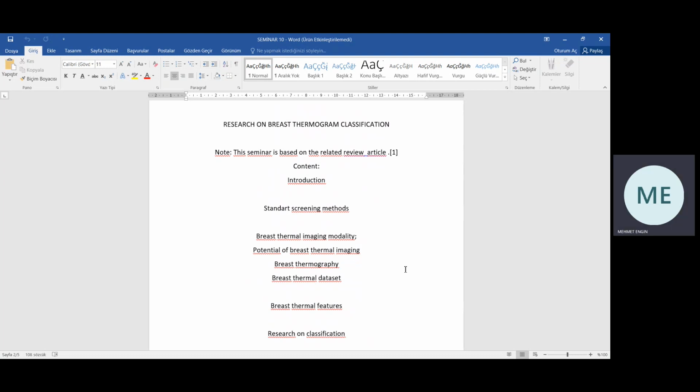Now, standard screening methods. Breast cancer risk assessment is critical for identifying women who may benefit from more intensive breast cancer surveillance. Prior to surveillance, one must undergo a screening test.